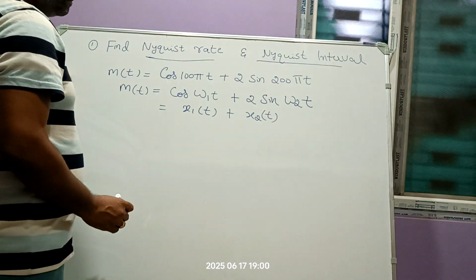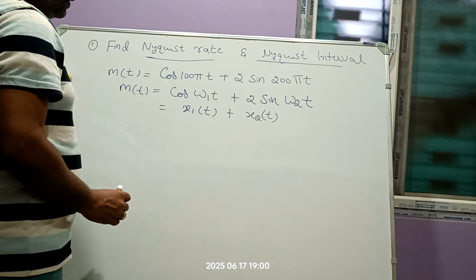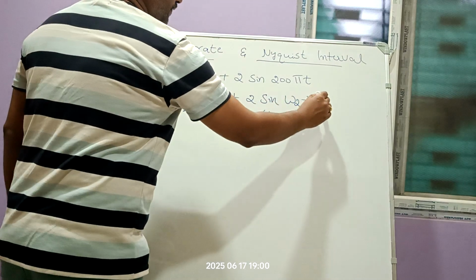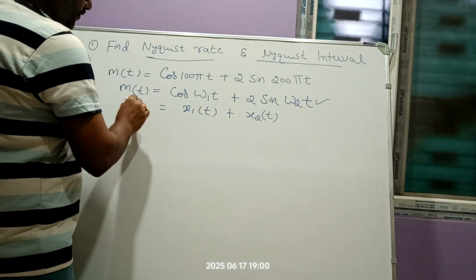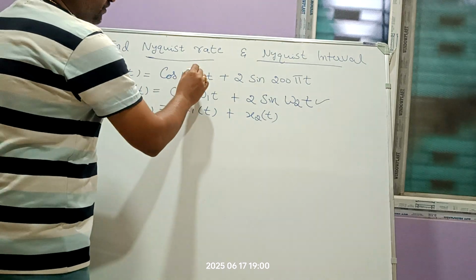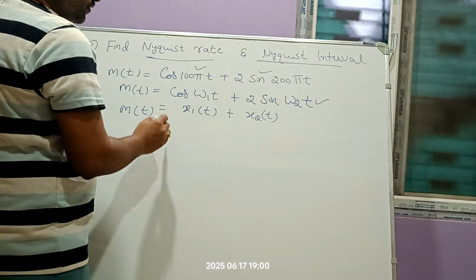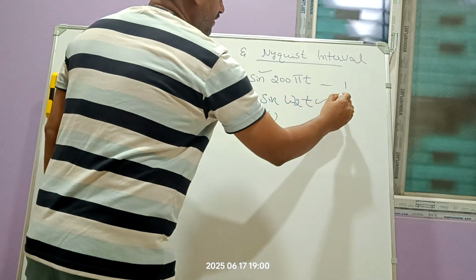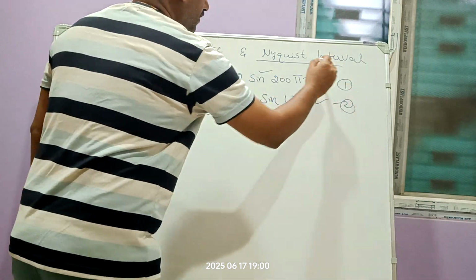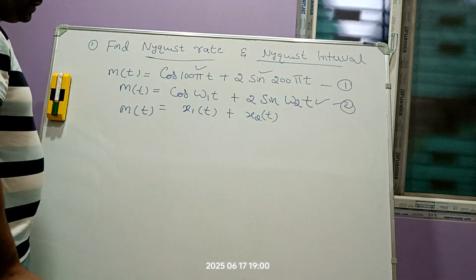Since we have written the standard equation, my m of t is a combination of this cos and sine. I will call this equation number 1 and this equation number 2. Compare equation 1 and 2.